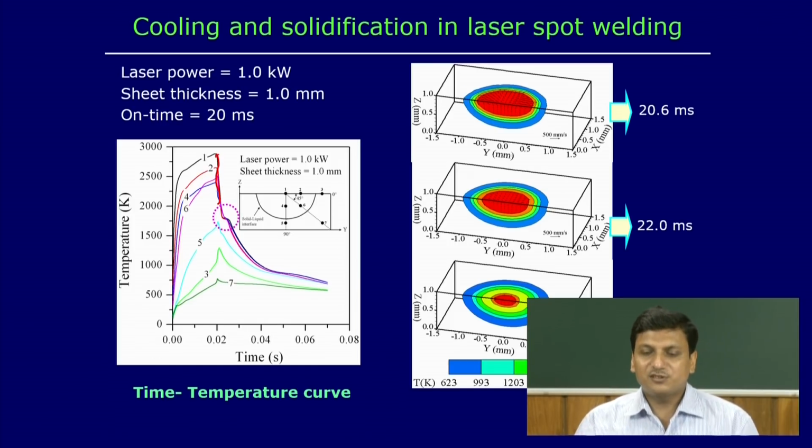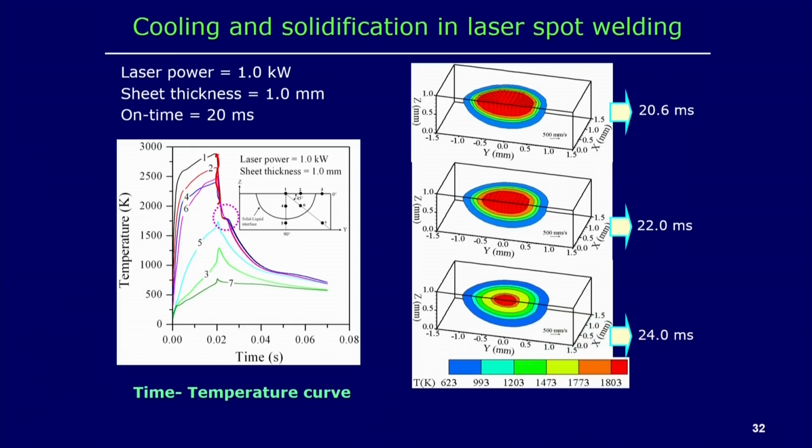Now, the right hand side figure shows the temperature and velocity field distribution after the laser source is switched off. That means there is a decrease in the molten pool size. In the first case it was 20.6 millisecond, meaning up to 20 millisecond we applied the heat flux, that is the laser source, and then we switched it off.